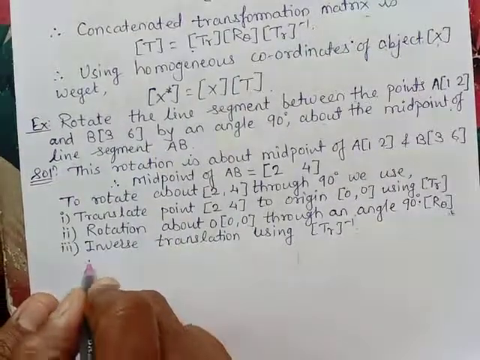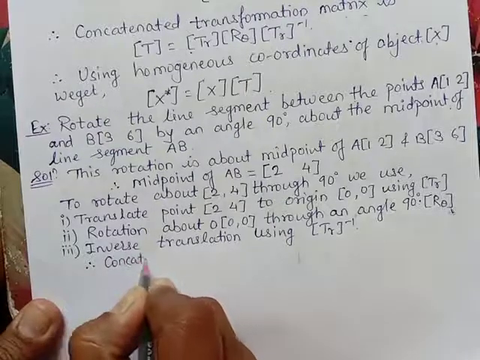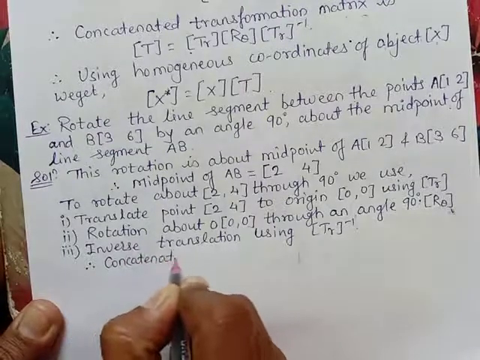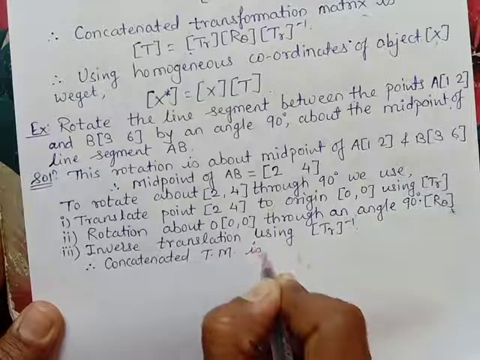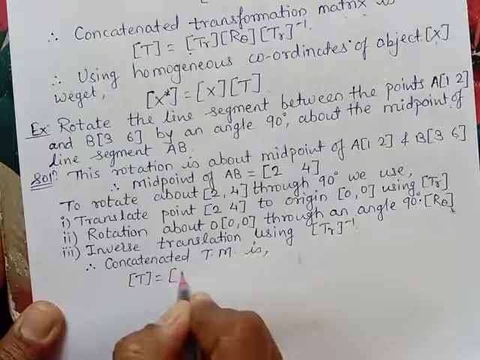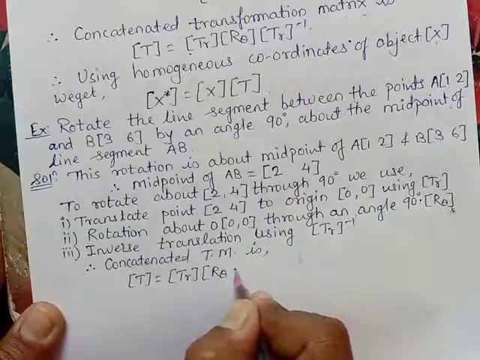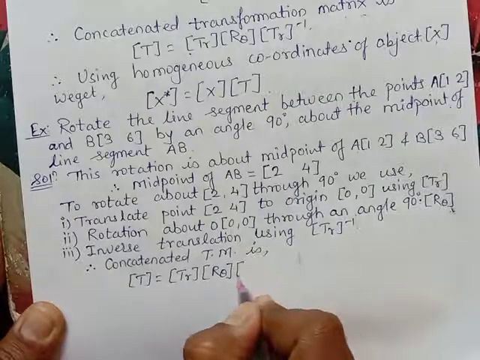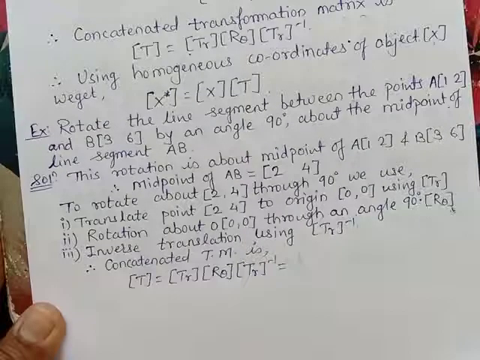Therefore, the concatenated transformation matrix is T equal to TR into R theta into TR inverse.